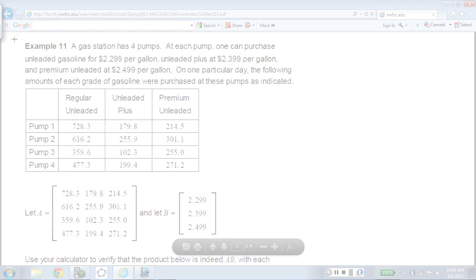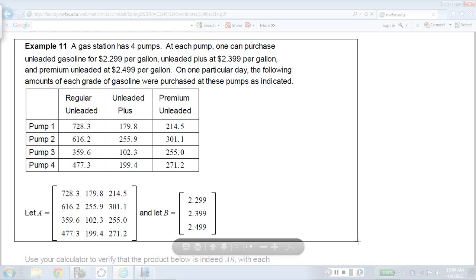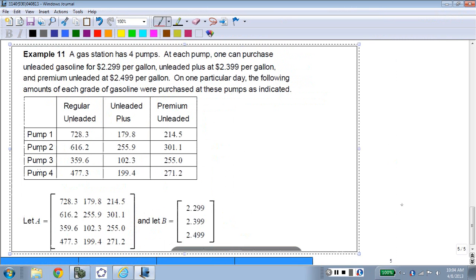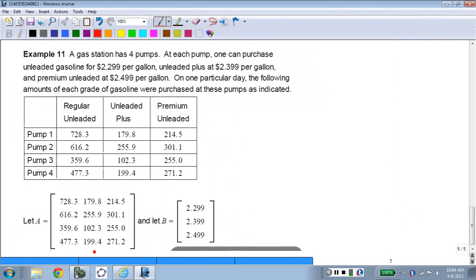I think I want to copy and paste the whole problem. This one is 4 by 3. This one is 3 by 1. Is the matrix multiplication well defined?